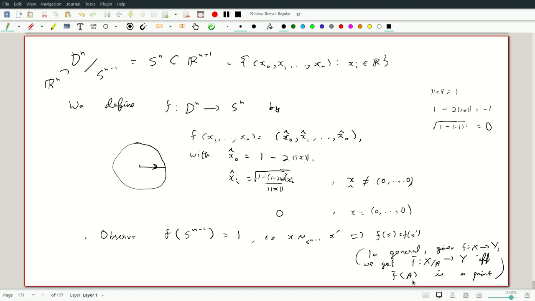Exactly two things are equivalent. Either they're equal, then there's nothing to say, functions are equal, or they're both in A. So then if they're both in A, they must have the same image, which exactly says f bar of A is a point. So indeed here f of Sn minus 1 is a point, and f is continuous.